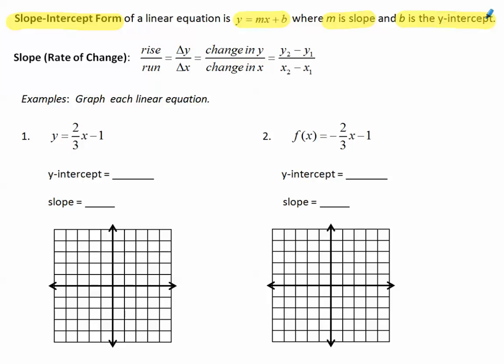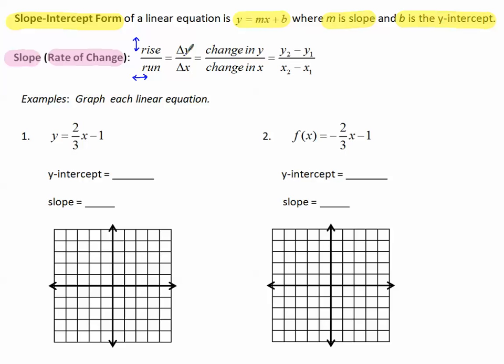Let's remember what slope means. Slope has another word, rate of change. They mean the same thing. Slope is rise over run. Rise is going up and down. Run is going right and left. Rise is the change in y.